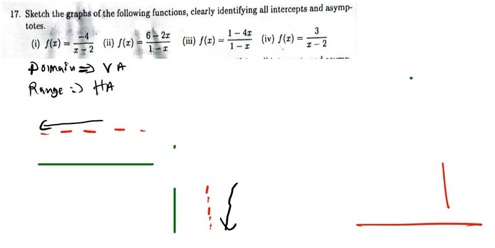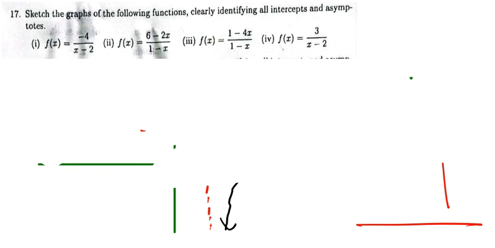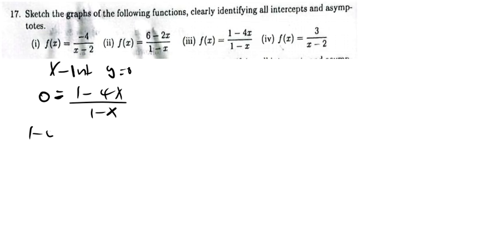So I'm going to do the third question. The fourth one, you are going to do it yourself. So the x-intercept, y should be 0, meaning 0 equals 1 minus 4x over 1 minus x, which means 1 minus 4x is equal to 0.